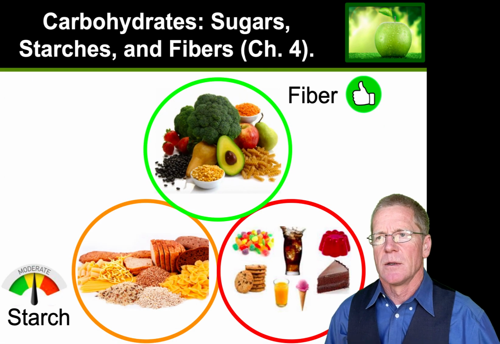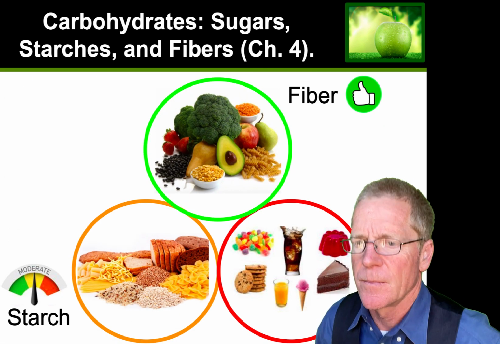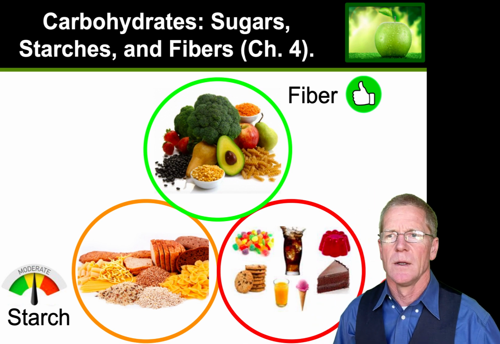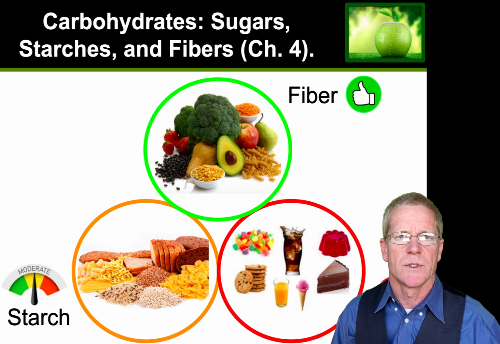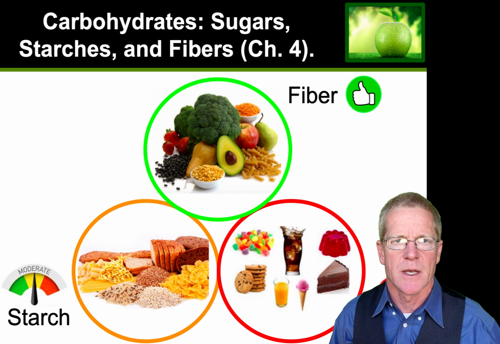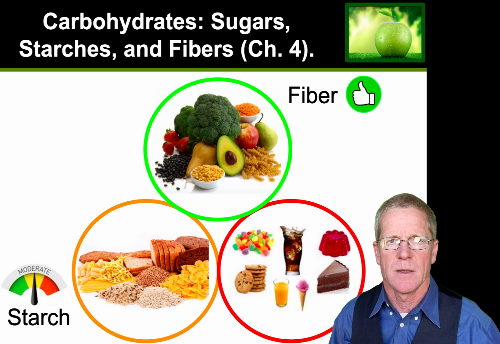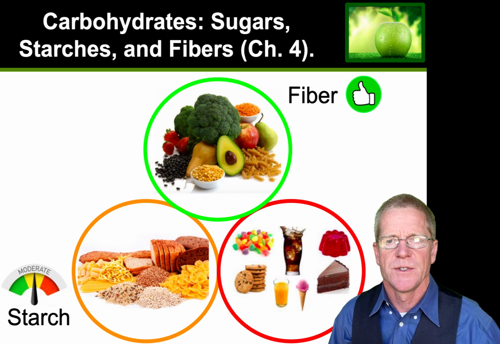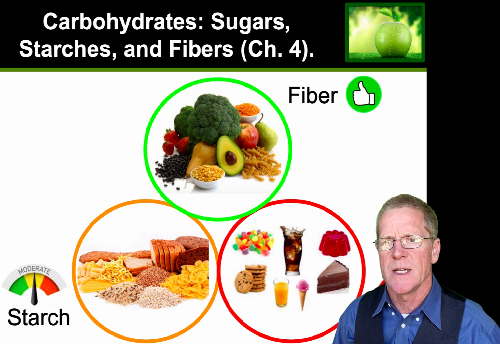Let's take a closer look at carbohydrates. There are three kinds of carbohydrates that you'll see talked about. Sugars, which we know the USDA recommends moderating, keeping below 10% of our total caloric intake. Starches are simple starches, refined carbohydrates, things like rice and pasta and bread.